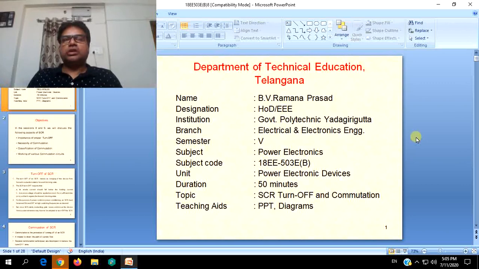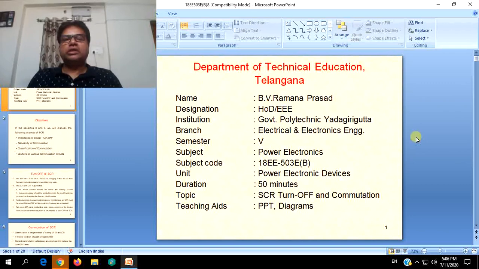So the control of SCR as a switch to turn on according to our requirements by gate control is pretty clear. And the other most important thing is, once SCR enters on state, the gate loses control over its conduction. That is, we cannot turn it off with gate control.